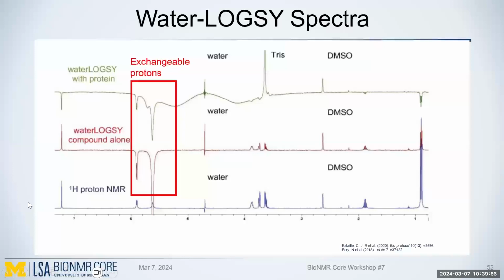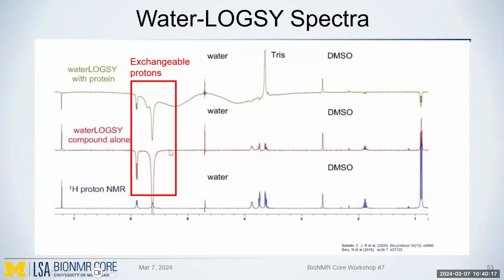And this is how you present the data. At the bottom, this is a 1D proton NMR spectrum, or reference spectrum, of everything in your NMR tube. In the middle, this is a negative control that contains only the ligand, so compound alone. You can see that even in the negative control, there are negative peaks.